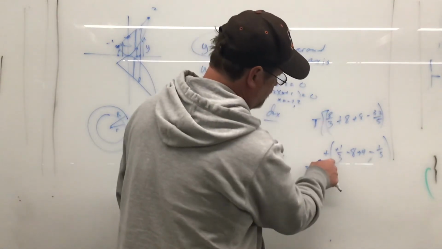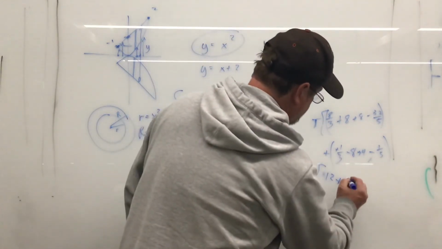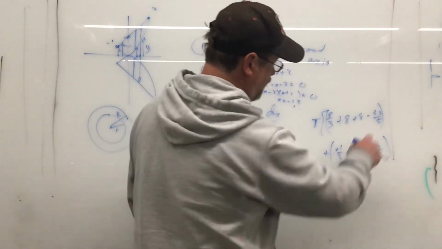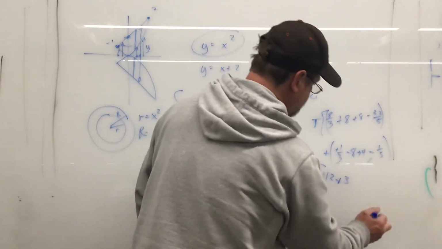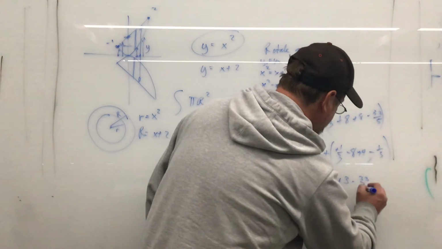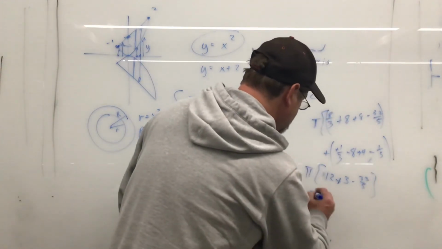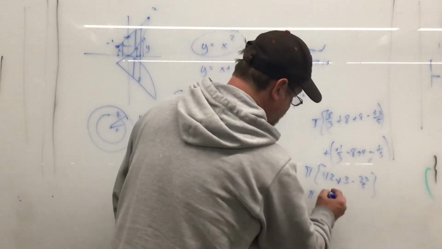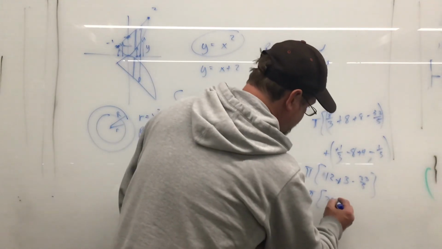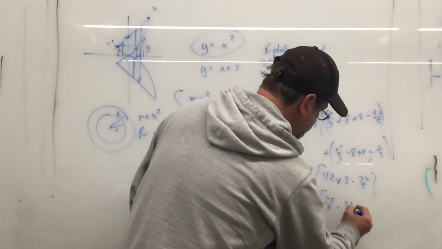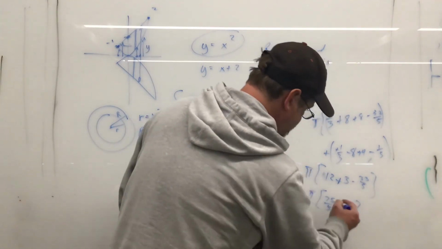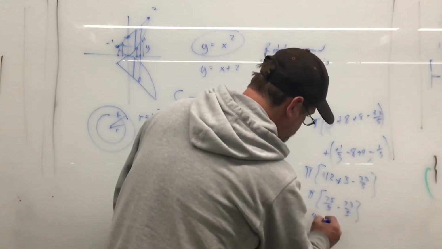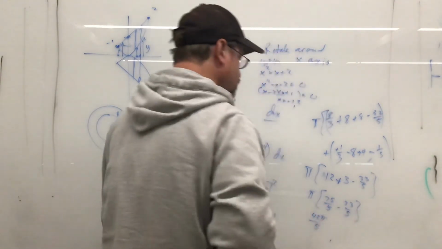I've got 8 thirds plus 1 third. Sounds like 9 thirds, also known as 3. I've got minus 32 fifths, minus 1 fifth, minus 33 over 5. So that's 15, if I want that over 5, 75 over 5, minus 33 over 5, and that sounds like 42 pi over 5 would be the volume of that.